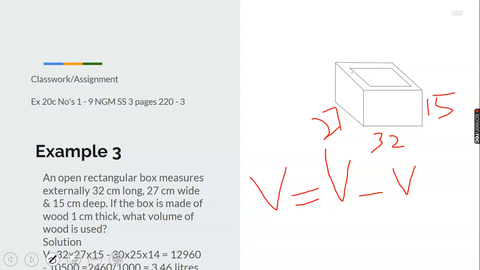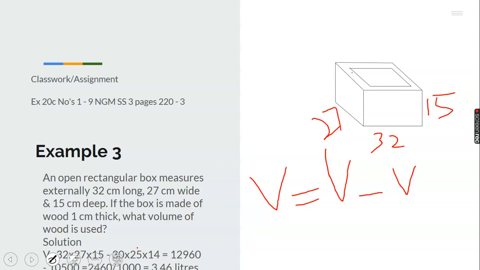The external volume now will be 32 times 27 times 15. Then minus the internal. The internal, since it's 1 cm thick, you remove 1 cm here and 1 cm there, it will be 30, times that of the breadth, which will reduce to 25, removing 2 from there.